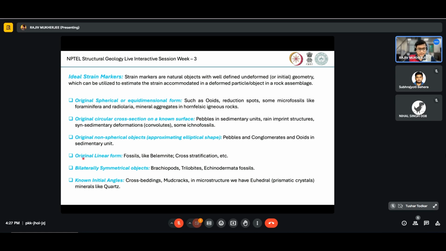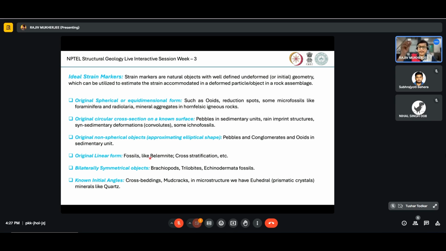Now, the fourth one is original linear form. Most of these are fossils, and a pretty good example of this is belemnite. This is a kind of cephalopod fossil, and their shells are preserved in sedimentary matrix.